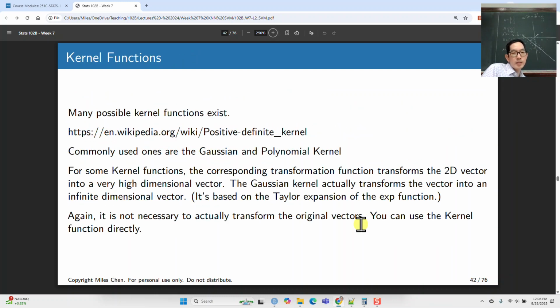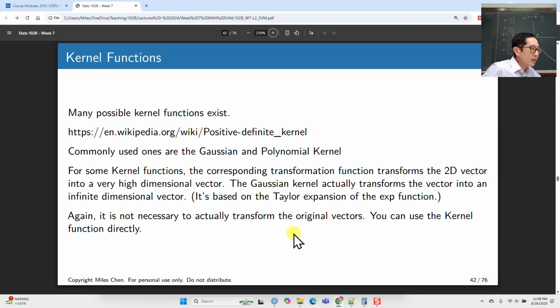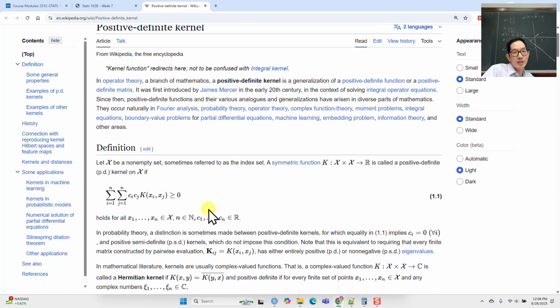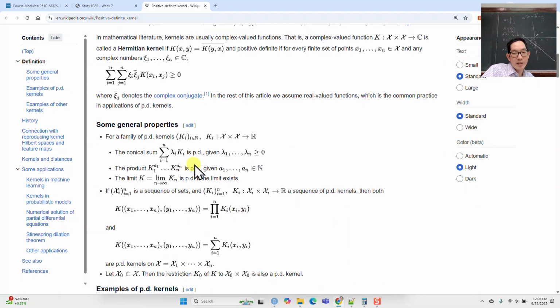Okay, so that works. And you have a whole bunch of different possible kernel functions. You have a Wikipedia article of a bunch of these different positive definite kernels that exist, okay?